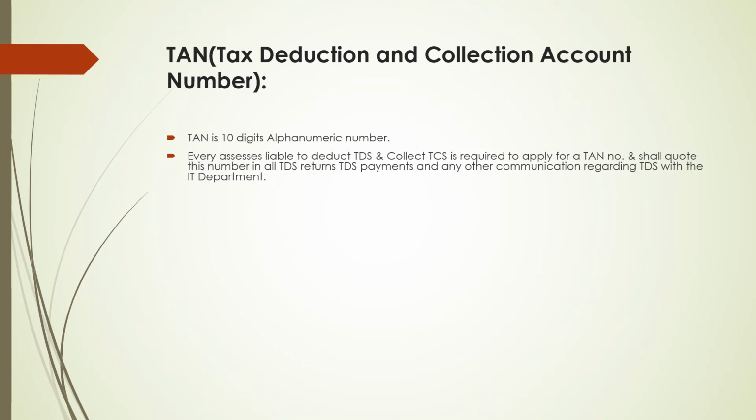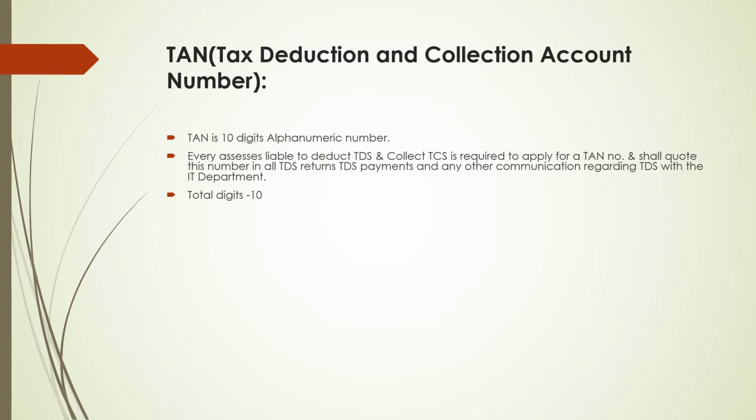This number must be quoted in all TDS and TCS payments and any other communication regarding TDS with the IT department. To file TDS, this TAN number is required. So here TAN is nothing but Tax Deduction and Collection Account Number.